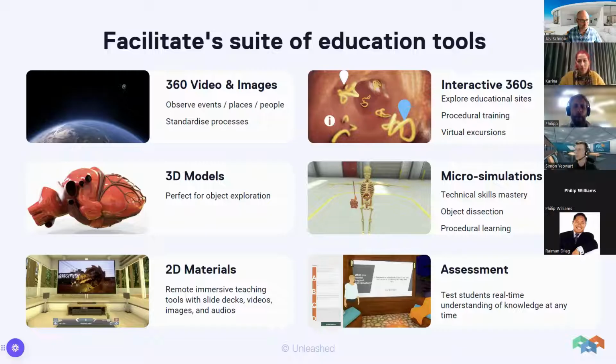And then the same with the 3D models. You can add a simple model and have a look at that, or you can add interactive elements to it as well. And then down the bottom, we've got the 2D materials as well. So we've got remote immersive teaching tools: the slide deck, videos, images, and audio files that you can use.